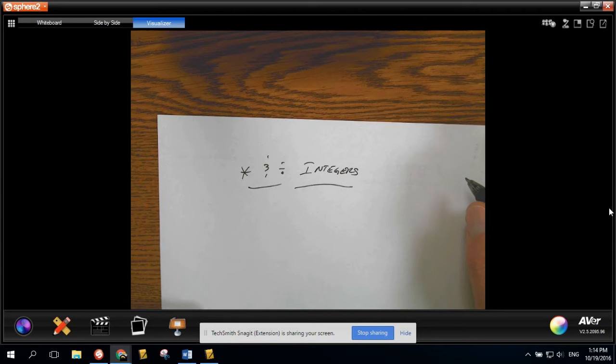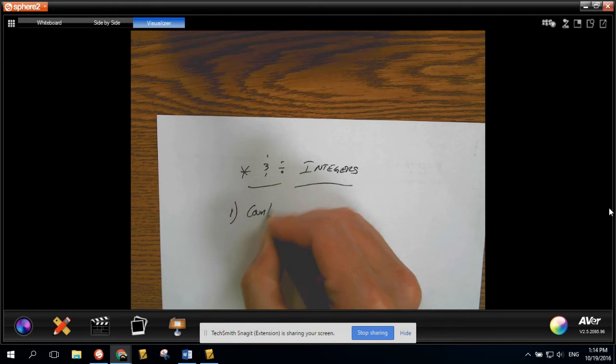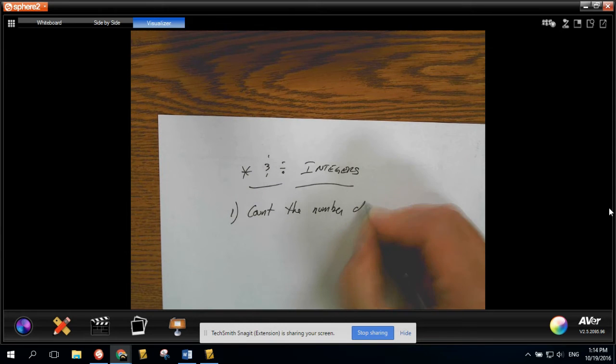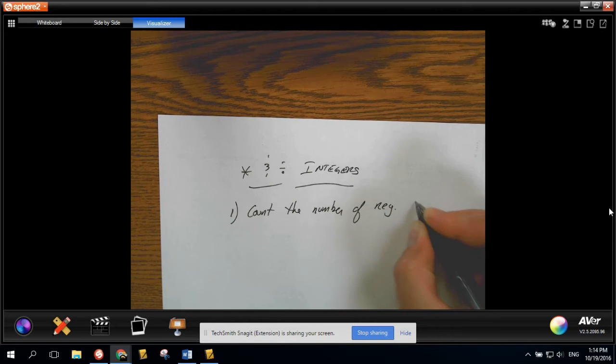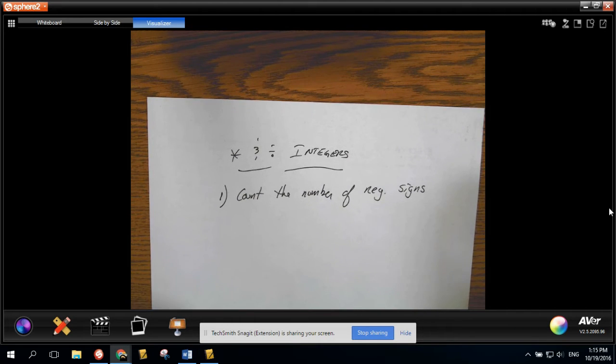So we did a couple of things in class, and the first one, and probably the easiest, is simply to count the number of negative signs. And this applies to either multiplication or division. It actually works with both.